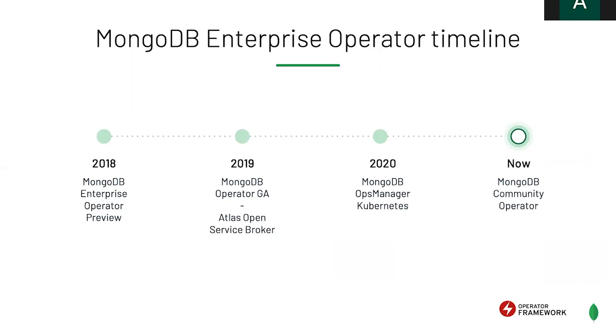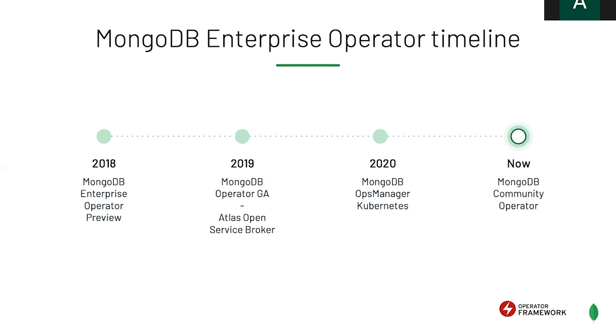So in 2019, we released MongoDB Operator General Availability version 1, and we also released Atlas Open Service Broker. Only a couple of months ago, this year, we released MongoDB Ops Manager, which is a Kubernetes distribution. So now we can deploy the entire management and data platform stack inside Kubernetes and get the benefits of Kubernetes for managing our own data platform.